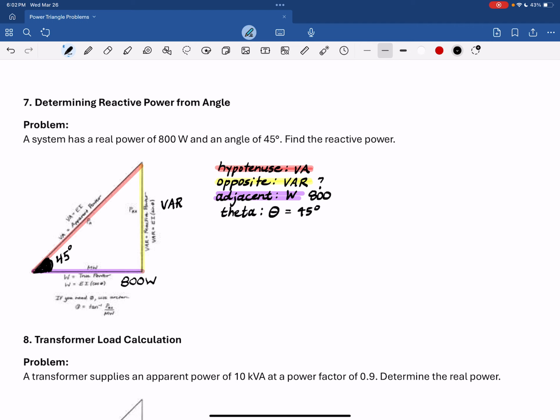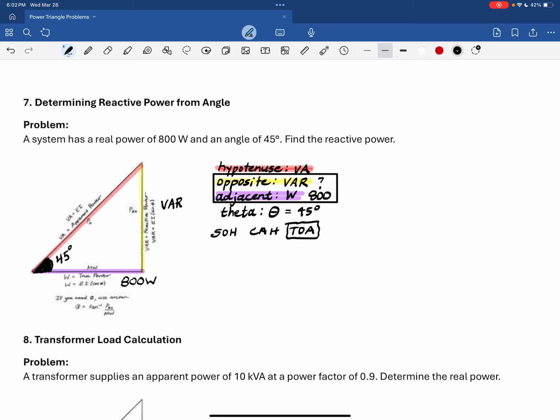So I'm going to look at SOHCAHTOA and decide which one of these will help me this time. Well, it's this question and that known that I have. So I know A, and I'm looking for O. So I want the relationship that involves O and A. And that is this one.